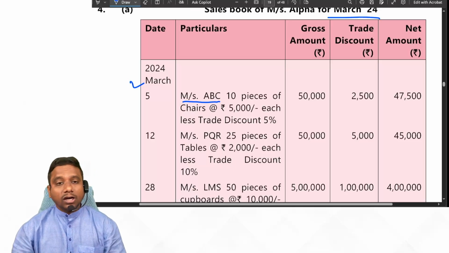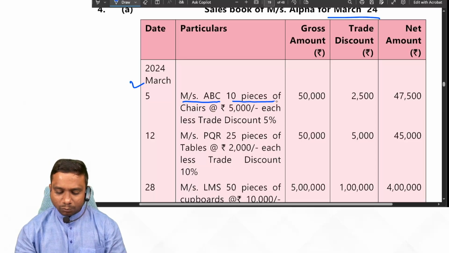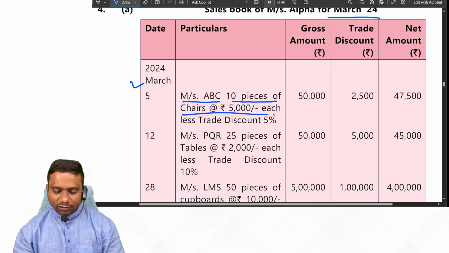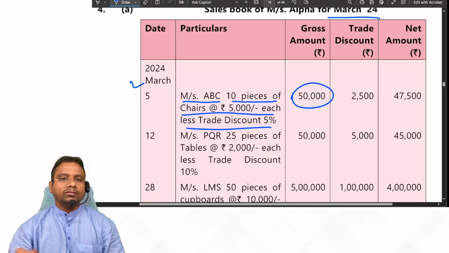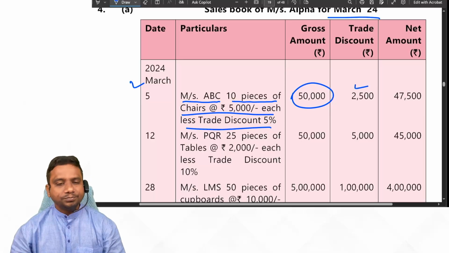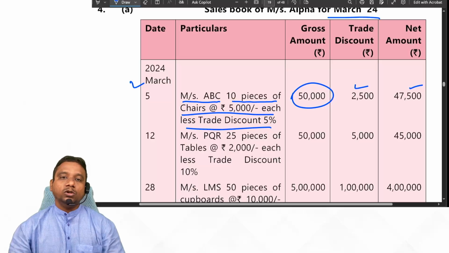ABC, and also the description of the goods purchased: 10 pieces of chairs at 5,000 each, less trade discount 5%. What is the gross amount? 50,000. Trade discount, 5% on 50,000, is 2,500. Remaining amount 47,500, the net amount receivable from ABC.